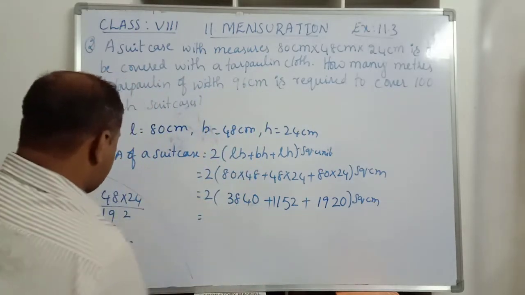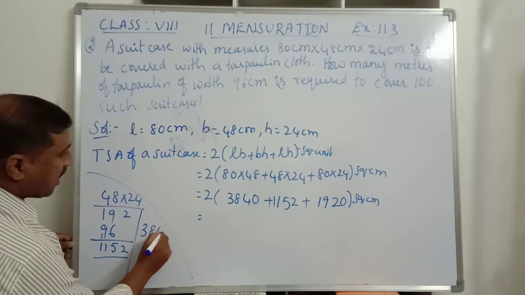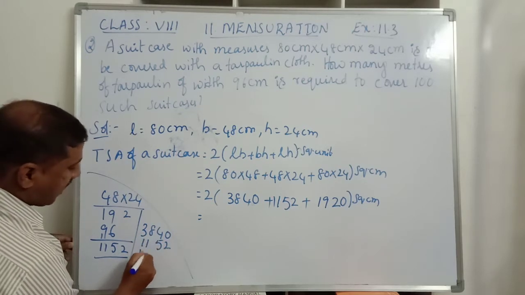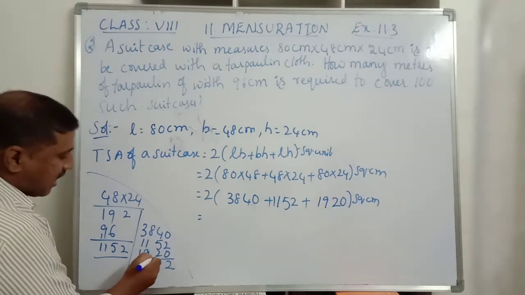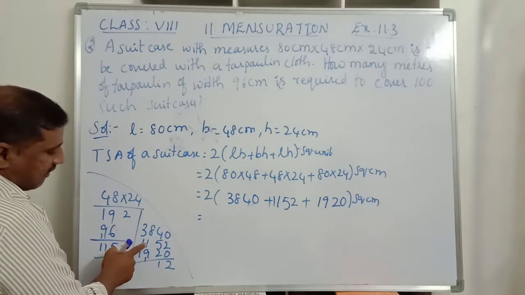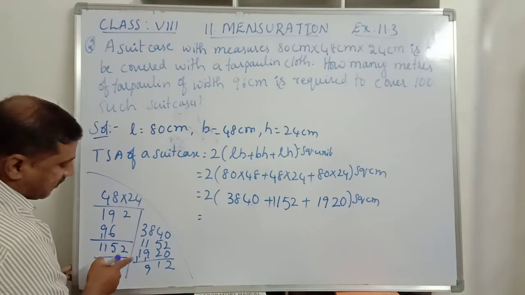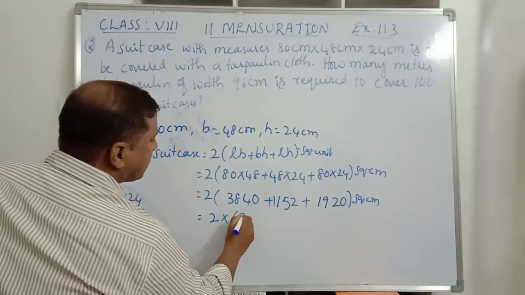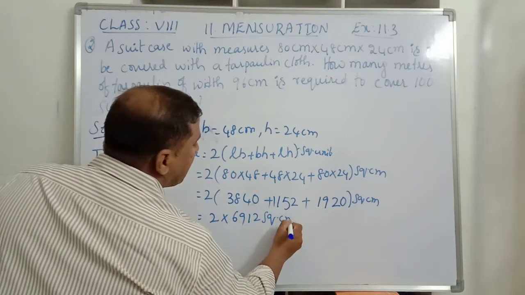Now add all these numbers. What are the numbers to be added? 3840, 1152, 1920. The sum is 6912 square centimeters. Then it is 2 into 6912 square centimeters.